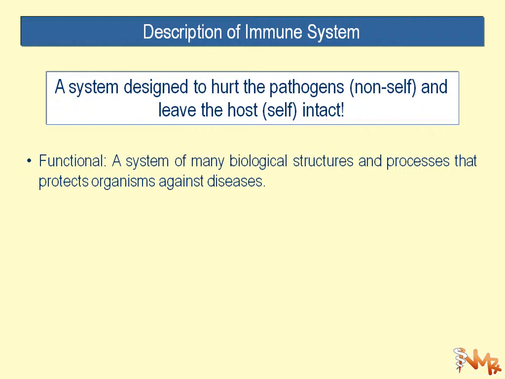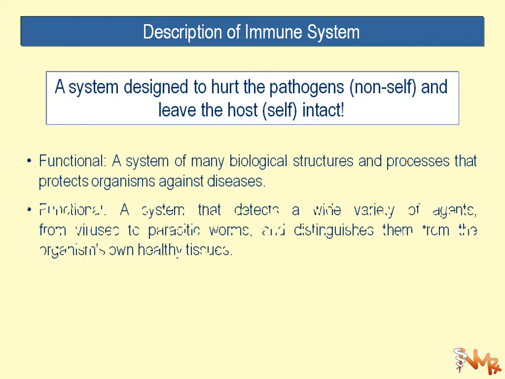For instance, one functional description is that the immune system is a system of many biological structures and processes that protects organisms against diseases. Another functional description is that this is a system that detects a wide variety of agents, from viruses to parasitic worms, and distinguishes them from the organism's own healthy tissues.